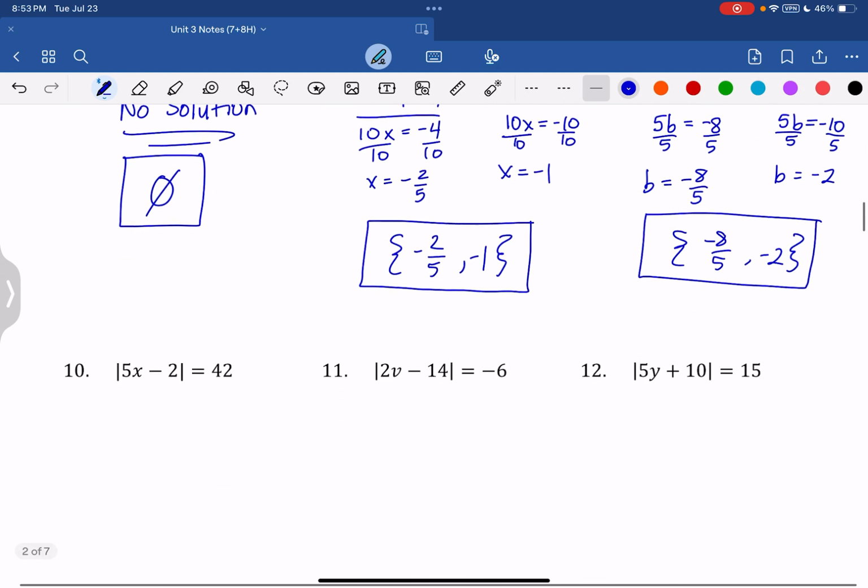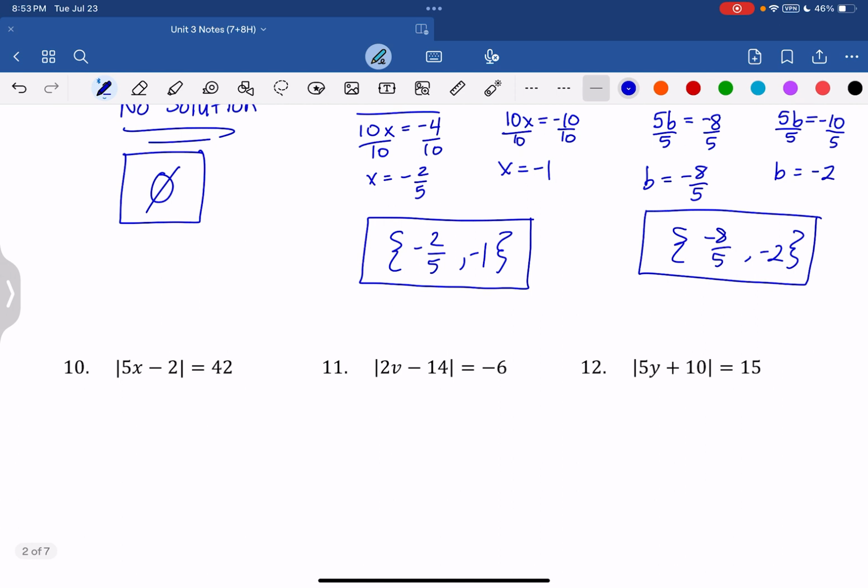Okay, so if we just do a quick glance, number 10, we're going to have 2 solutions. Number 11, this is a no solution again. And number 12, we would also have 2.